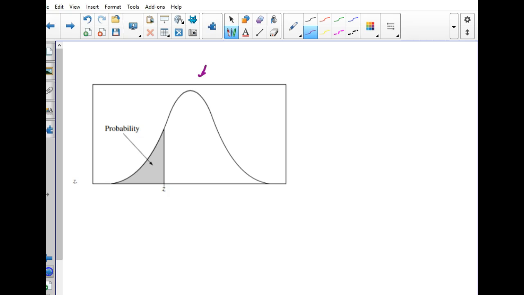And what I want you to notice is the Z is here. That's just an arbitrary point. But most importantly, it's shaded to the left. Which means all of these probabilities always work for a probability that Z is less than a number. That's really, really key about this chart.